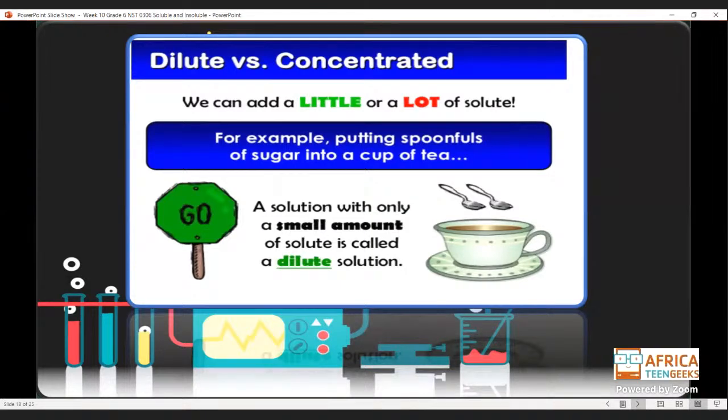The more solute there is, the more concentrated it becomes. The less you use, or the more liquid or solvent you add, it becomes diluted. Okay. So dilute is when you add more liquid, and concentrated is when you add more solute.